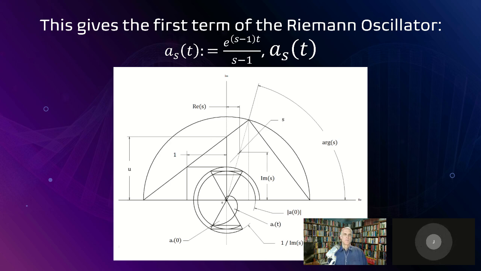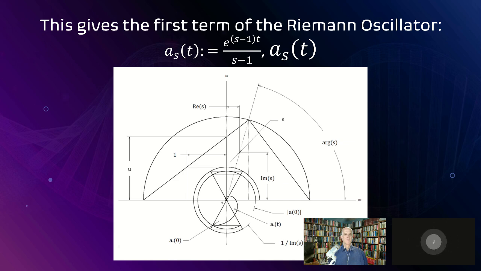Yeah. Now remember the first term of the Riemann oscillator. I labeled it A sub S of T for a reason, because we want to focus on it. It's a lot easier than calling it the derivative of C. It is the most important at this point. At T equals 0, the value is at that point geometrically.